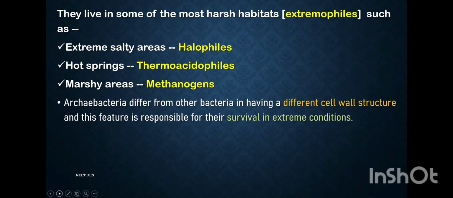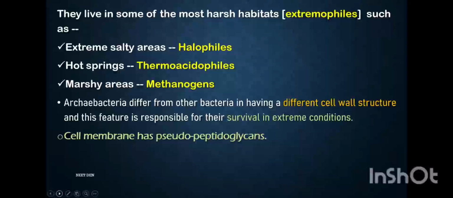Archaebacteria differ from other bacteria in having a very different type of cell wall. This is a very tough cell wall which helps these bacteria to survive in extreme conditions. So what does the cell wall of Archaebacteria contain? It does not contain peptidoglycan as is found in other bacteria, that is in eubacteria.